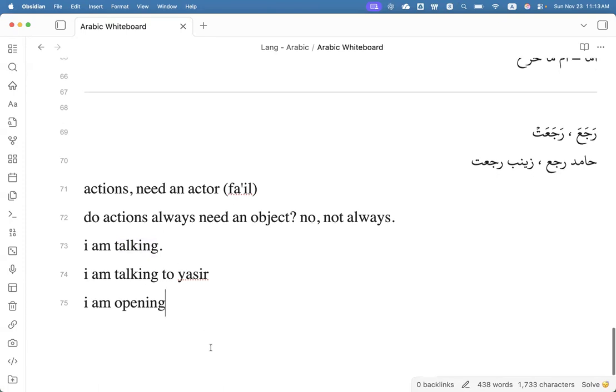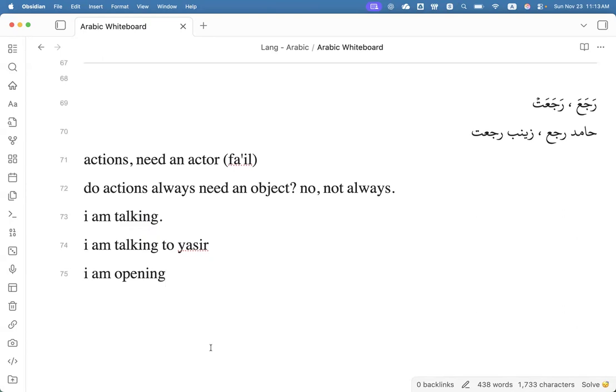But I am opening, is this a complete sentence? What will you ask? What are you opening? Right? Unless I say I am opening a door or something like that, it's not going to be a complete sentence.